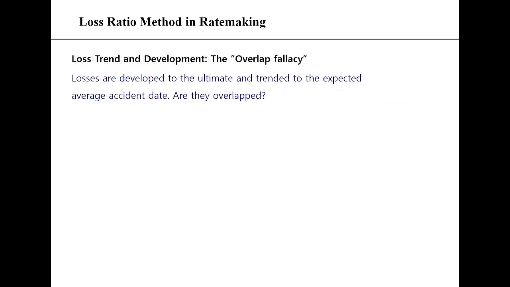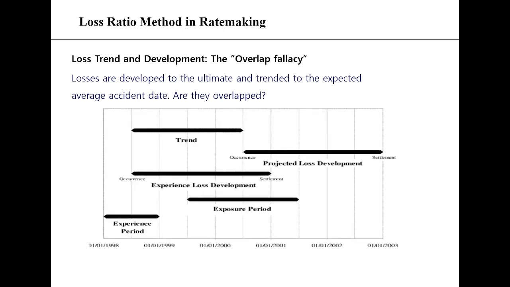And also, I just want to point out the very famous term, overlap fallacy. It has been probably more than 5 decades, but here it clearly says that. And when we use, let's say, accident year 1998, this is the experience period, right?